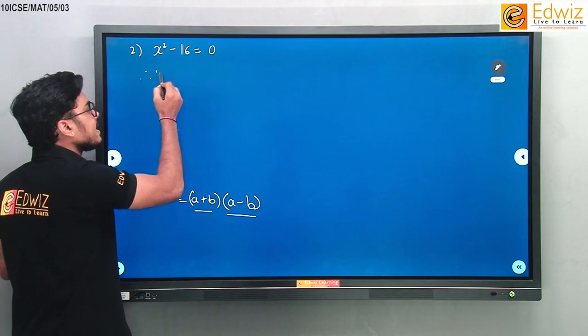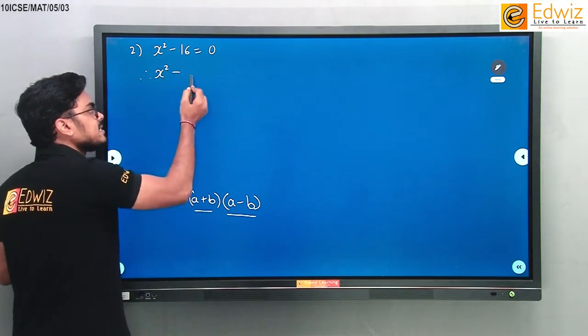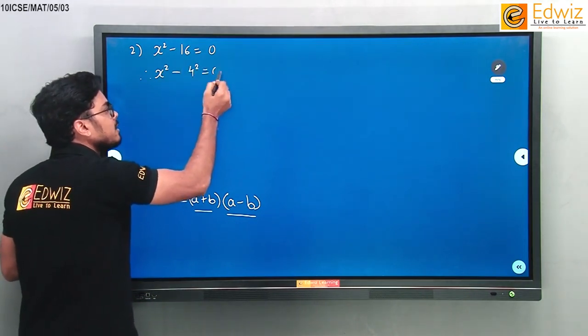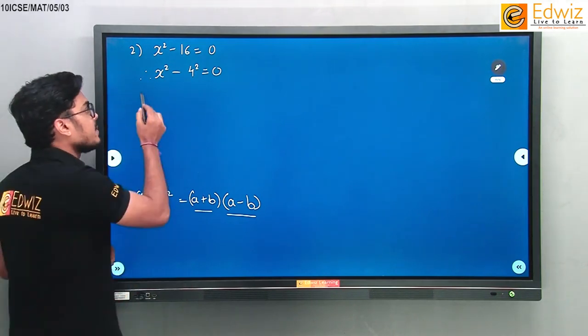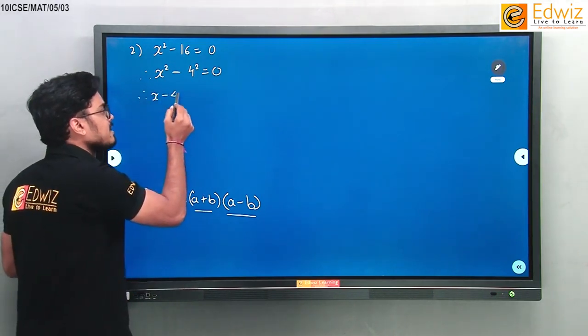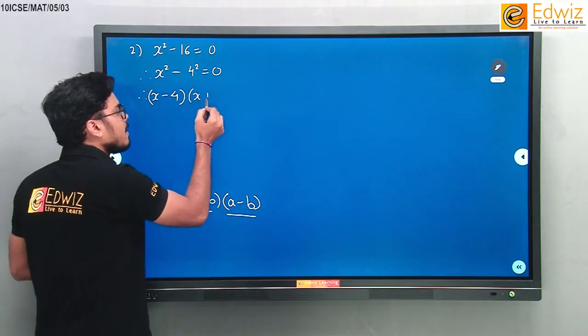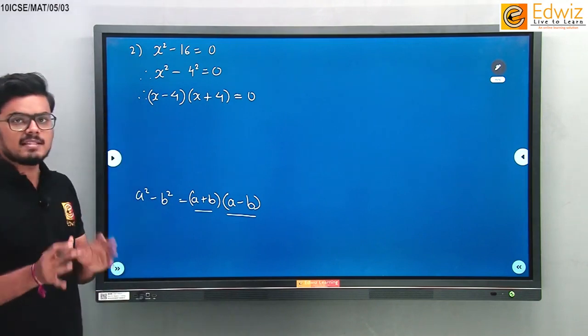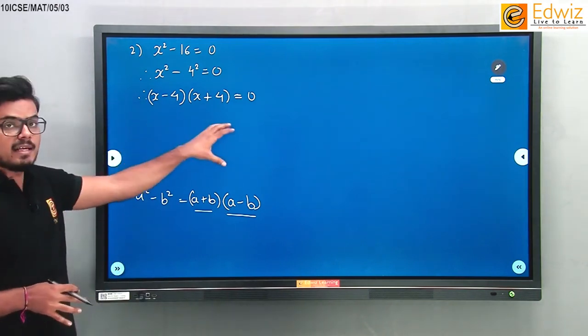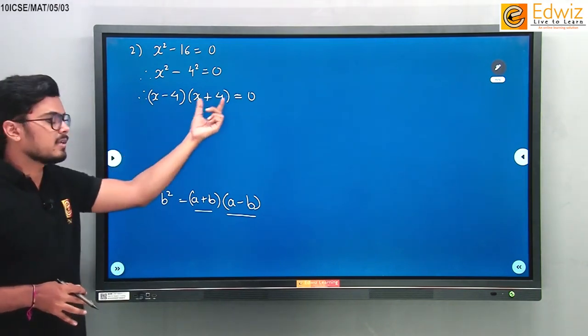As you can see, this is x square minus 16, that is 4 square, equal to 0, correct? So x square minus 4 square can be written as x minus 4 multiplied by x plus 4 equal to 0, correct? So once again we have two individual factors whose product is equal to 0.